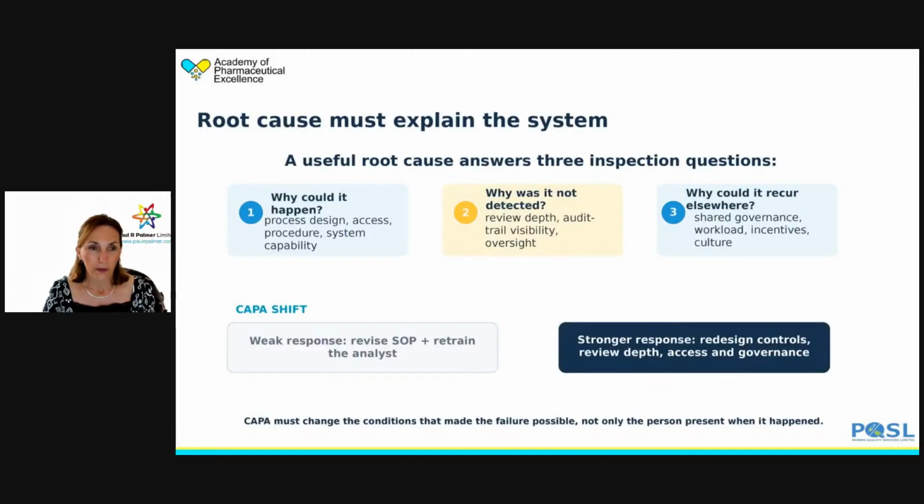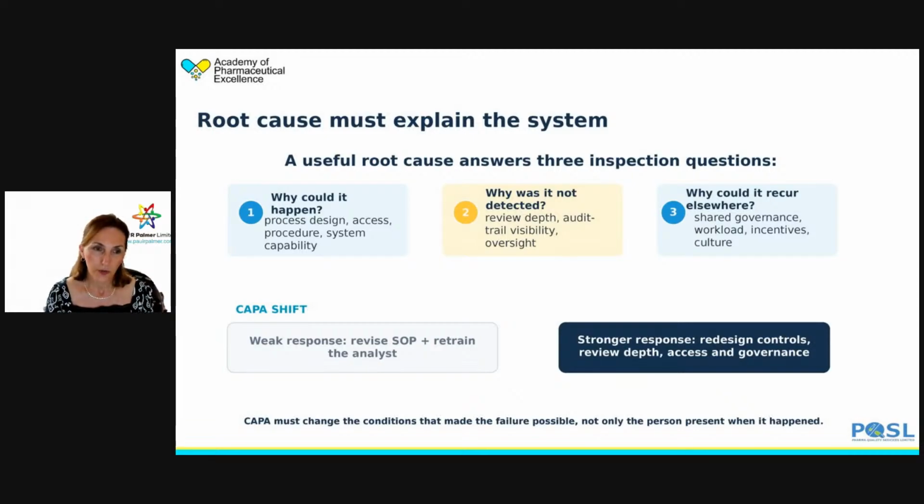When you find an integrity weakness, saying for example that the analyst did not follow the SOP is usually only a description of what happened. It doesn't explain why the event was possible, why it was not detected, or why it might happen elsewhere.